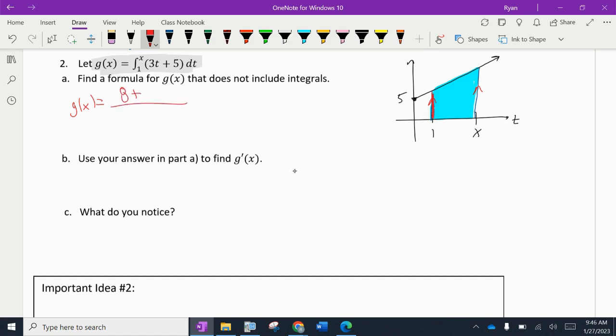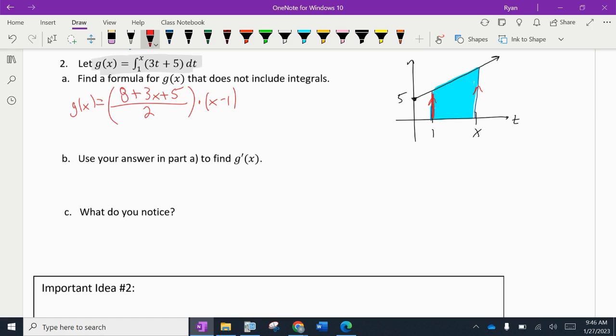8 plus. Now we need to find the length of this base. What is that going to be? Plug x in for the equation, 3x plus 5. So base 1 on the left plus base 2 on the right. What are we supposed to do with those to find the area of this trapezoid? Divide by 2, right? That's going to average them, and then multiply by the height, which is the difference between them. What is this distance? x minus 1, that's the entire distance, right? So times x minus 1.